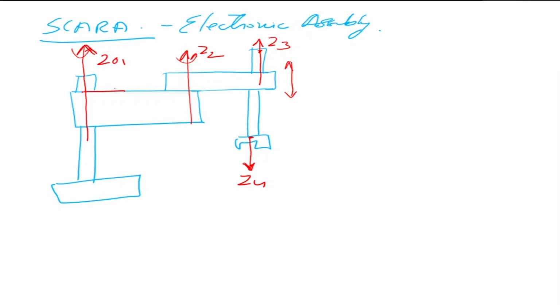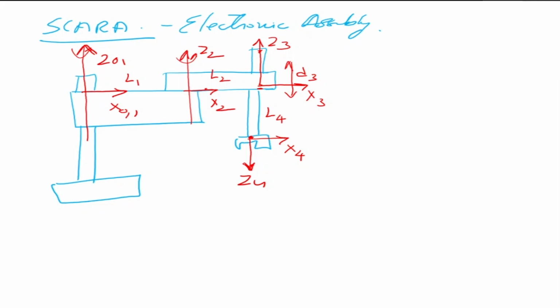My x-axes: x0, x1, this is x2, this is my x3, and this is my x4. Okay, so we have put our frames as per DH notation. Now this is the link length, distance between the z-axes. This is L2, this one is D3, which is the variable, and there is a distance from here to here, let's say it is L4.